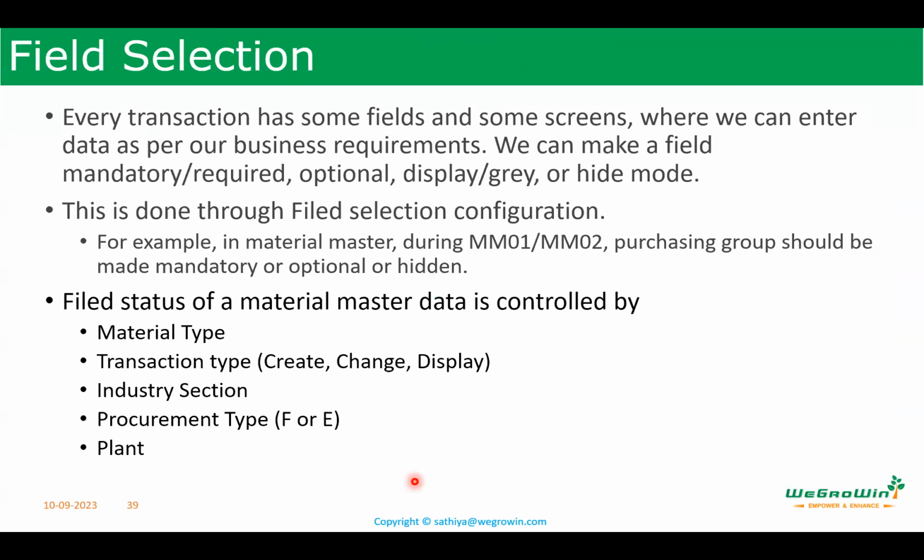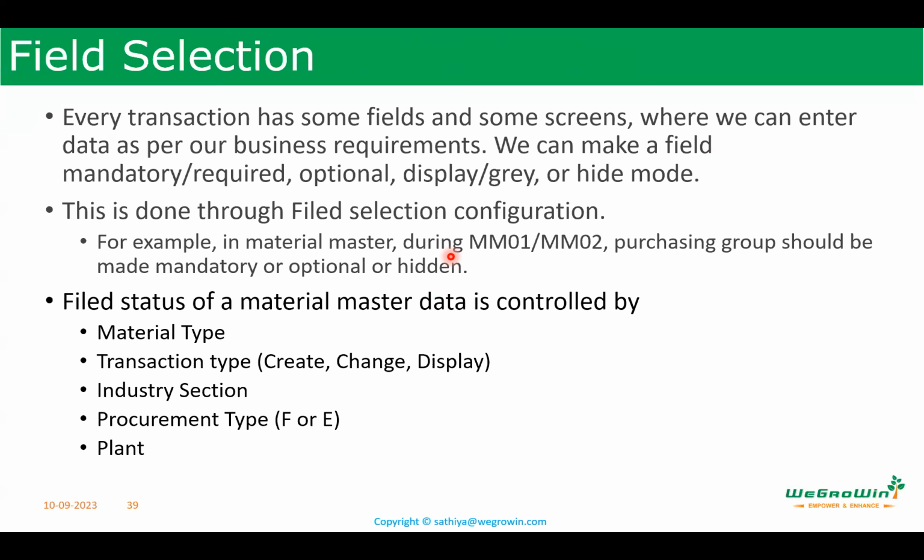Now field selection. Every transaction has some fields or screens where we can enter the data as per the business requirements. This is done through the field selection configuration. For example, when I enter the material master, I want to show the in-house production time only for FERT and HALB. I don't want to show the in-house production time for ROH and HAWA, because for sure I'm not able to produce these.